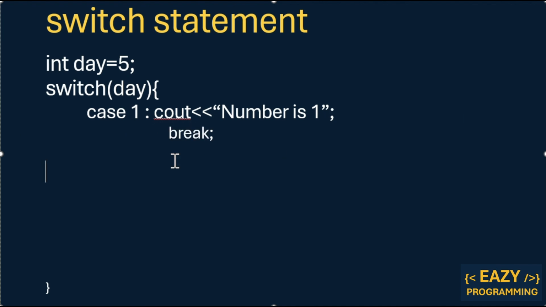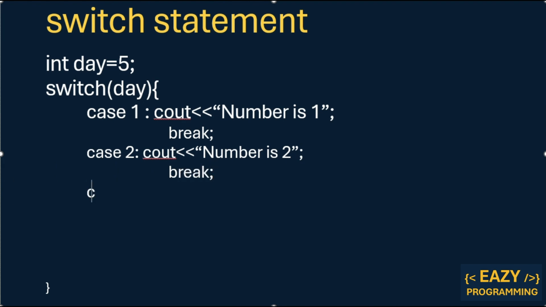Then again I will have case 2. I will print cout, number is 2. Then I will break from here. Then I will write case 5.